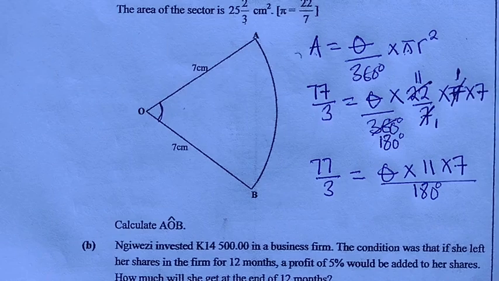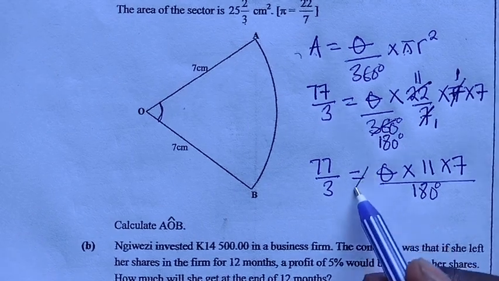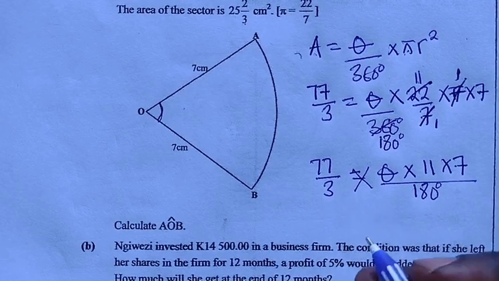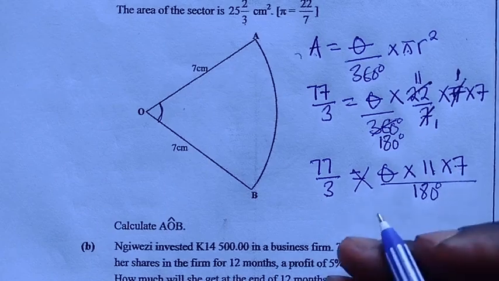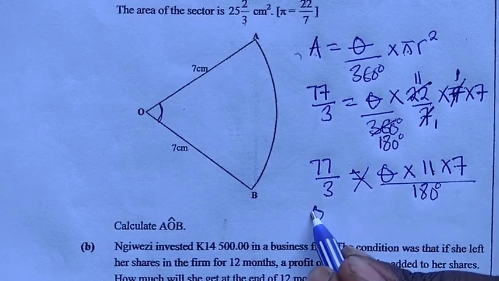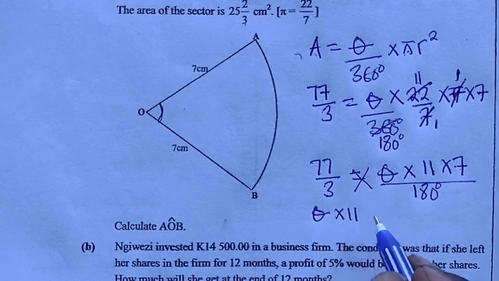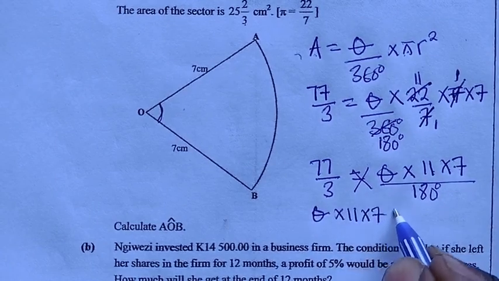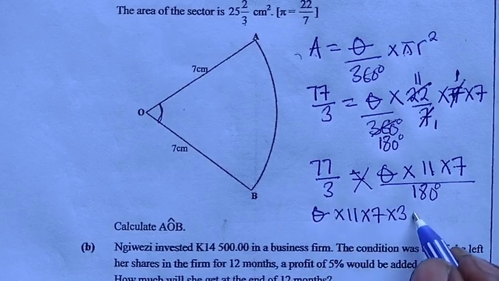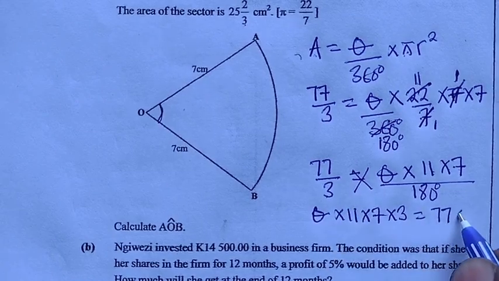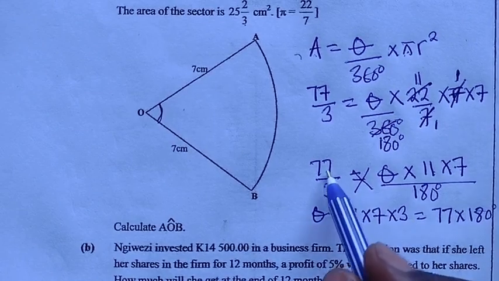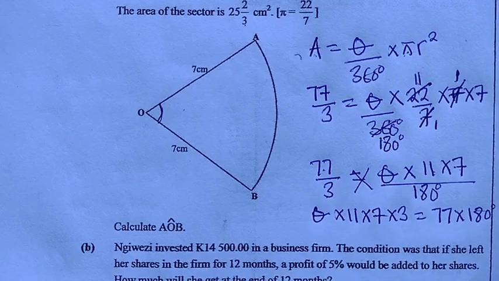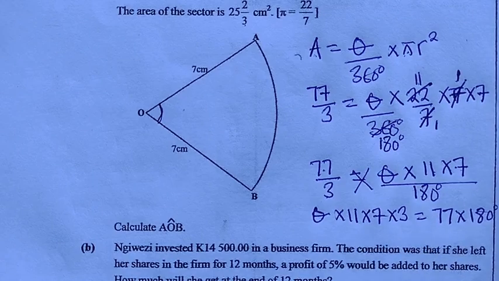From this point, when we cross multiply, we are going to have theta times 11 times 7 times 3 equal to 77 times 180 degrees. Here, don't multiply this and this, because this is paper 1, and if you multiply, you're going to get bigger values. So you need to do this.